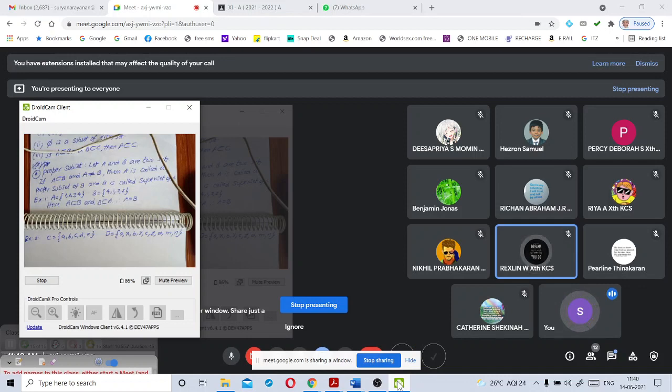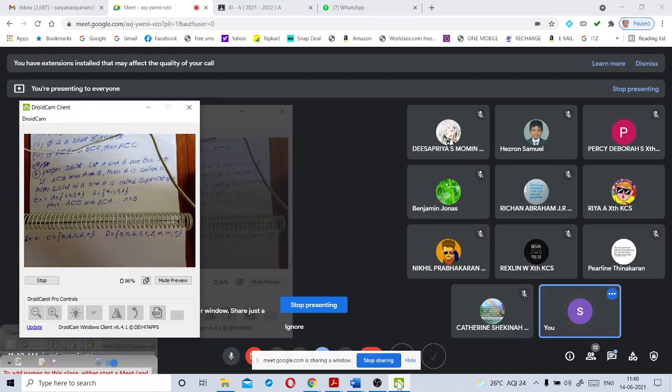Yes, very good. Here in set C, E is an element. But that element is not there in set D. Yes or no?